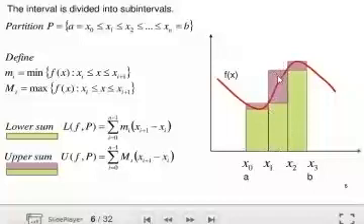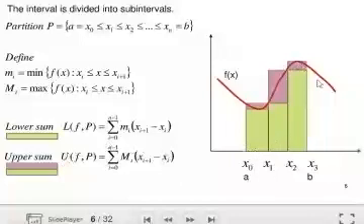The area is given by M sub 2 times the width of that rectangle, x sub 2 minus x sub 1. Similarly, you can sum them up, then you get the upper sum of f corresponding to this partition, right?